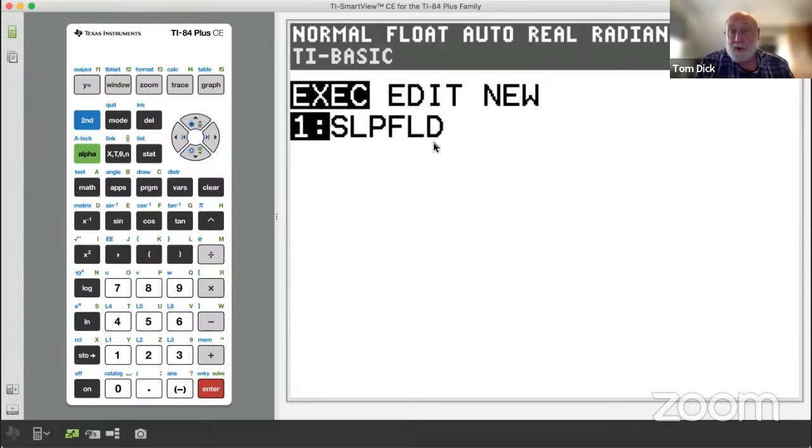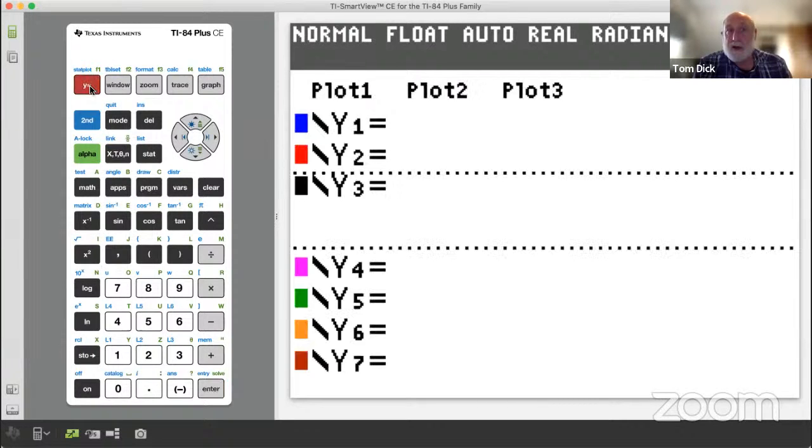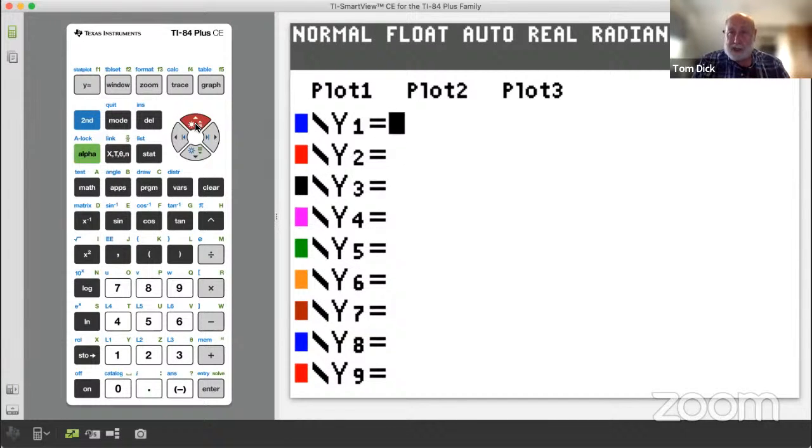So that's the program. The way this slope field program works is I'm going to go to y equals, and it's going to expect to see the differential equation for dy/dx stored in y1. That means if you wanted to put in an expression in terms of x and y, let's do one like negative x divided by y.